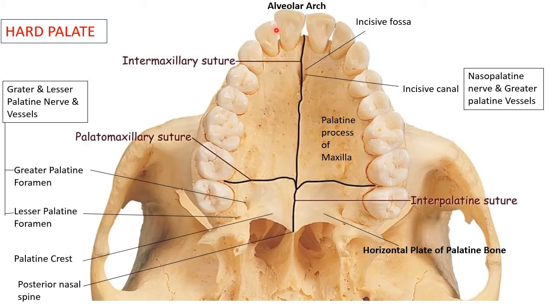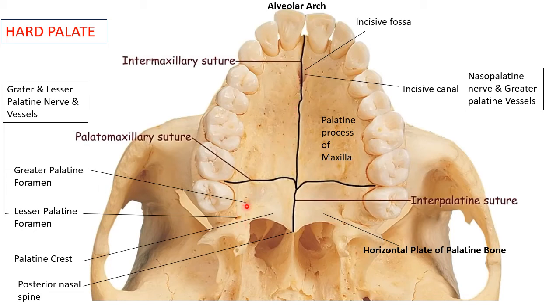Anteriorly, just behind the incisor teeth, is the incisive fossa. This is the incisive fossa, in which the incisive canals open on two sides. The nasopalatine nerve and greater palatine vessels pass through these incisive canals.